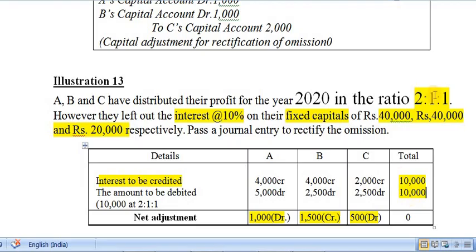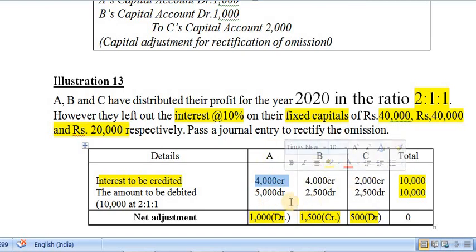Take out 10,000 in what ratio? 2:1:1. 2 plus 1, 3 plus 1, 4. 2,500 into 2, that is debit A with 5,000, B with 2,500, C with 2,500. And give, that means credit, 4,000, 4,000, 2,000.